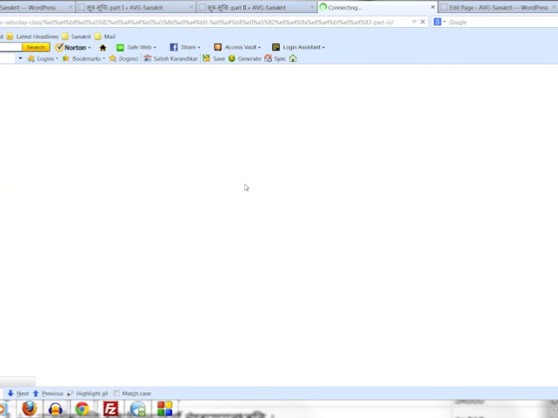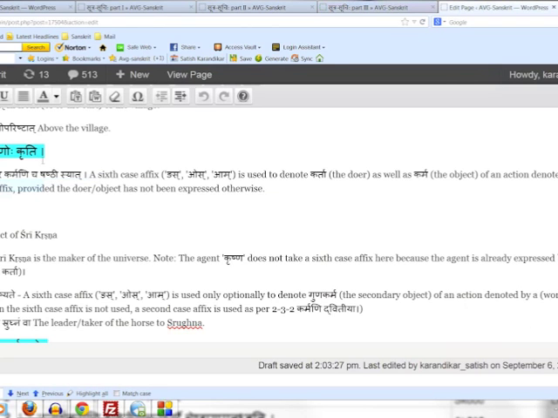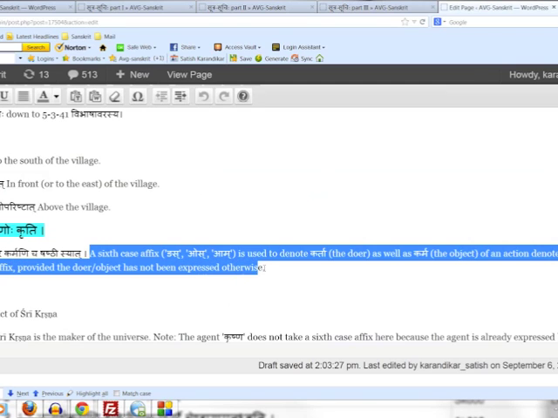So here a sixth case affix is being prescribed, kriti, and as per 1172, kriti stands for kridante. So this sutram says that if we have an action denoted by a kridantam, a term ending in a krit affix, then the karta, the doer of that action, as well as the karma, the object of an action, is denoted by a sixth case affix.